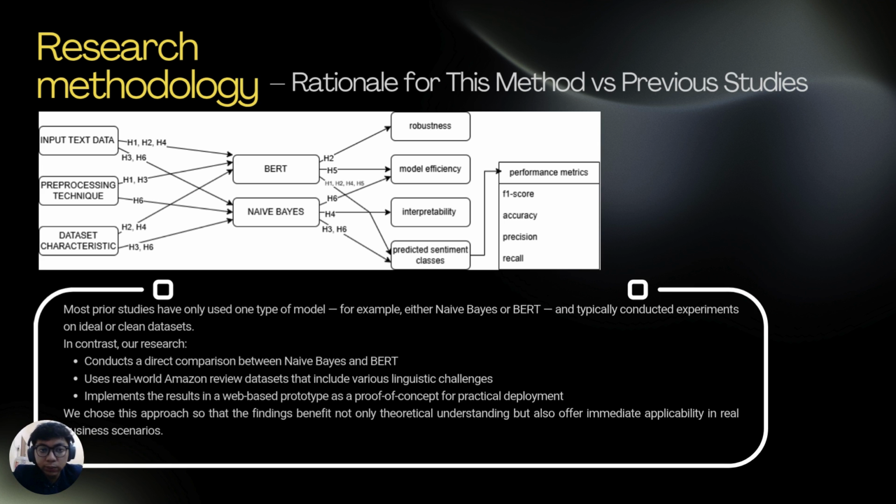In contrast, we conduct a direct comparison between Naive Bayes and BERT, use real-world Amazon review datasets that include various linguistic challenges, and implement the results in a web-based prototype as a proof of practical deployment. We choose this approach so that the findings benefit not only theoretical understanding, but also offer an immediate solution applicable in a real business case or scenario.